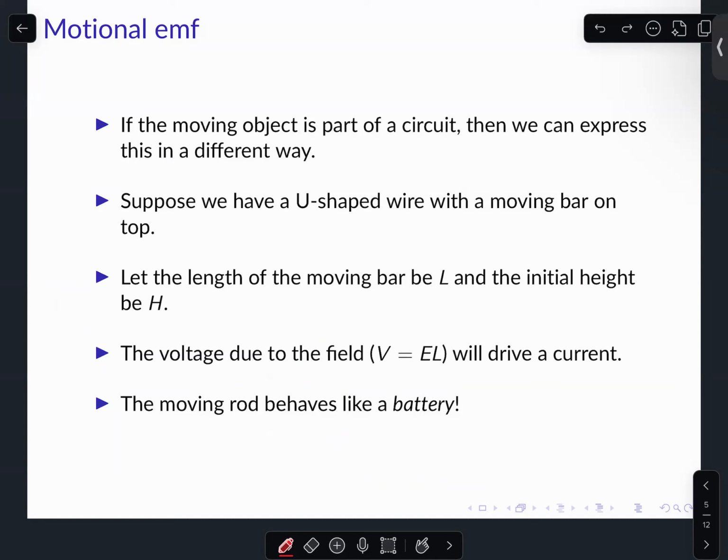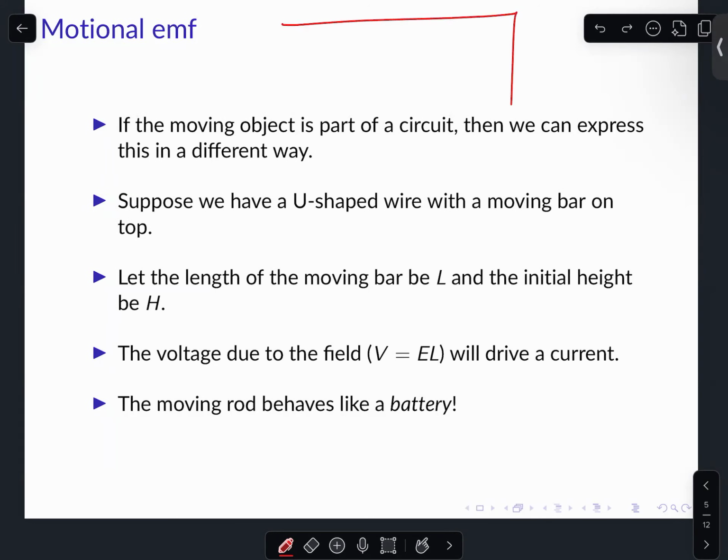Now, usually we don't hold up an entire electronic device. The canonical example that I will give you questions about goes as follows. You make a U-shaped wire. This wire carries some resistance.